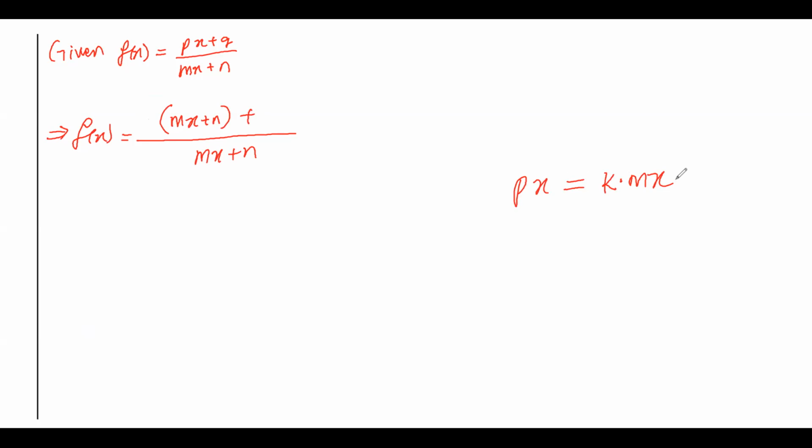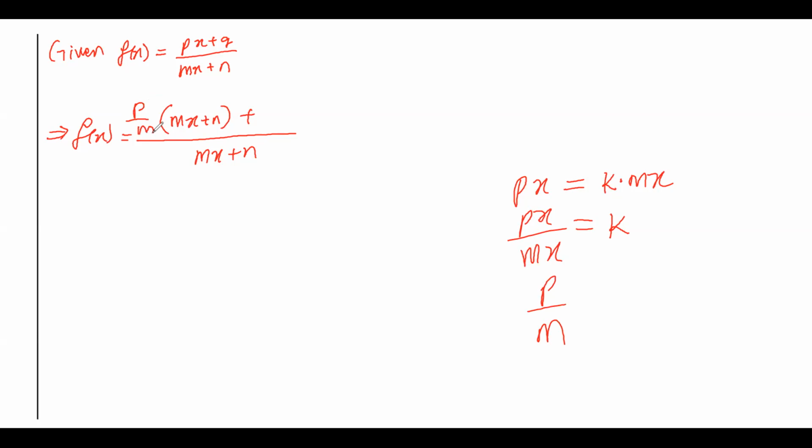Do you understand what I mean by this? I'm trying to get what do I multiply with. So my k, in this case, will be px divided by mx, which means my k is p over m. So outside this bracket is going to be p over m.